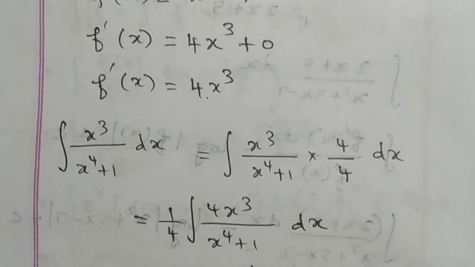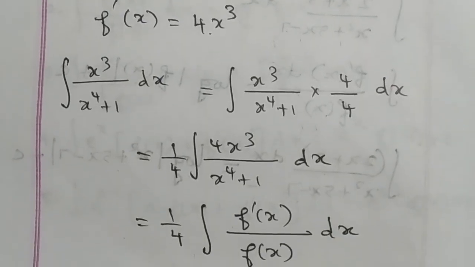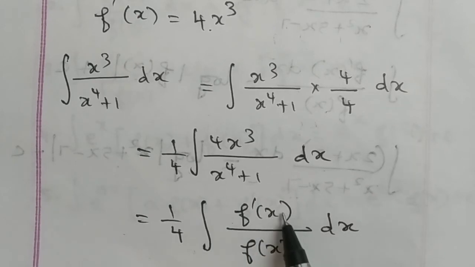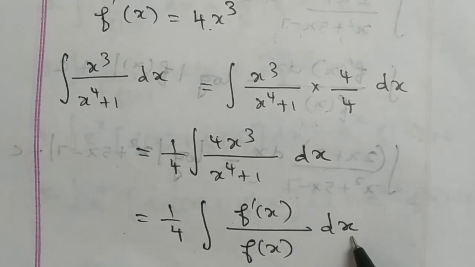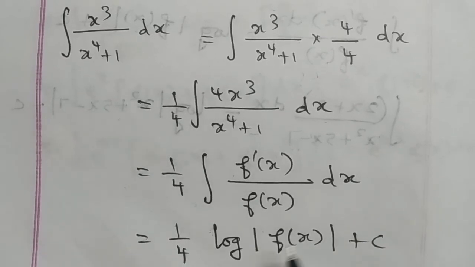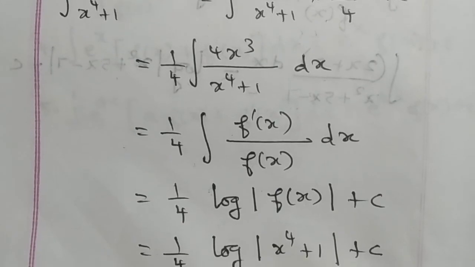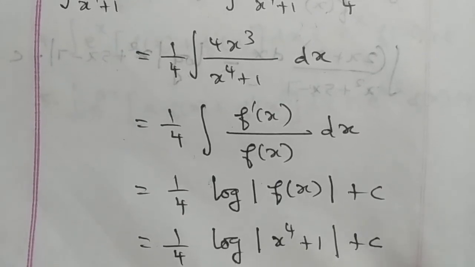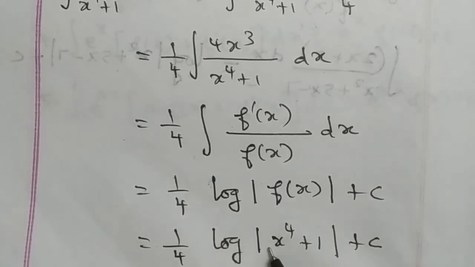So we know the formula: integral of f dash of x divided by f of x into dx equals 1 by 4 log modulus of f of x plus c. So what is the f of x value? 1 by 4 log modulus of x power 4 plus 1 plus c. C is the integral constant.